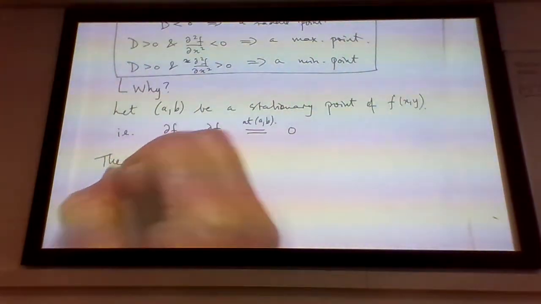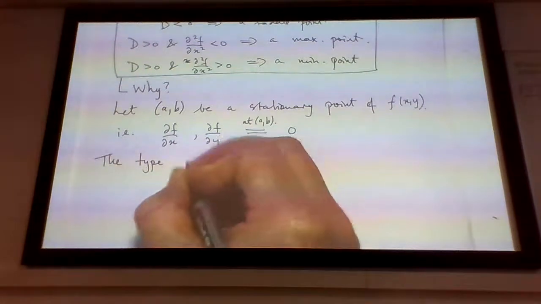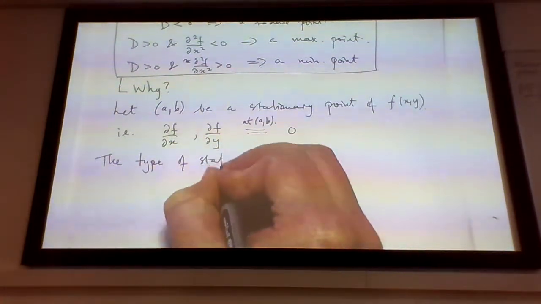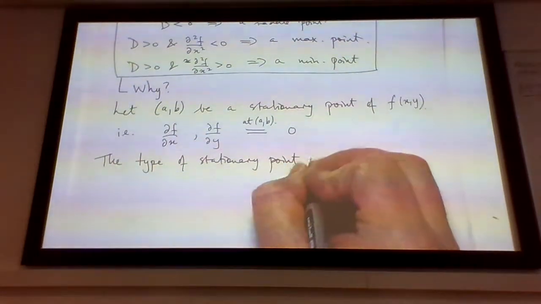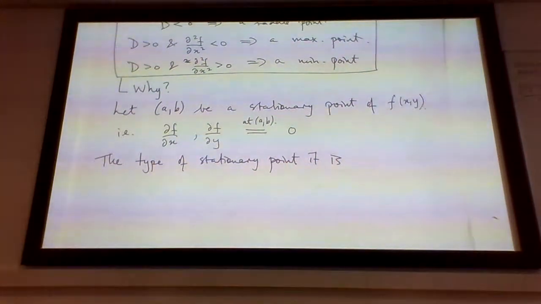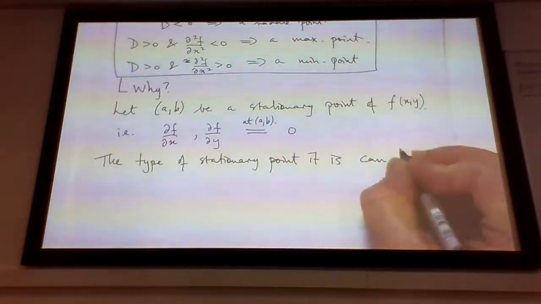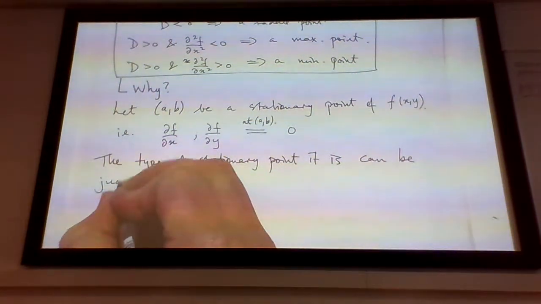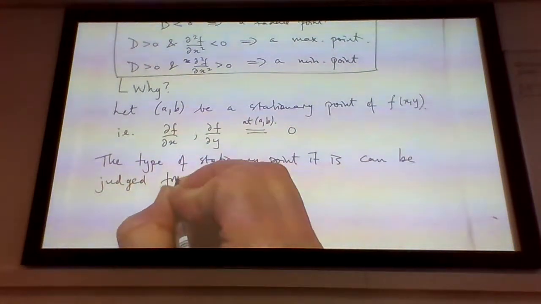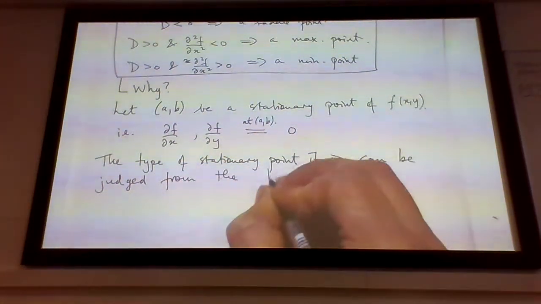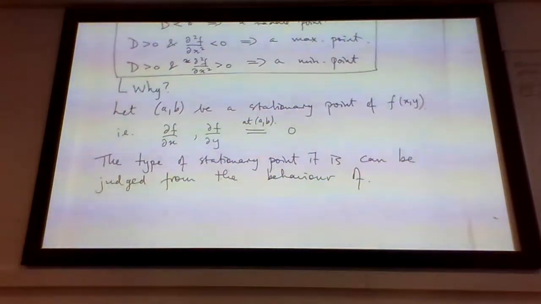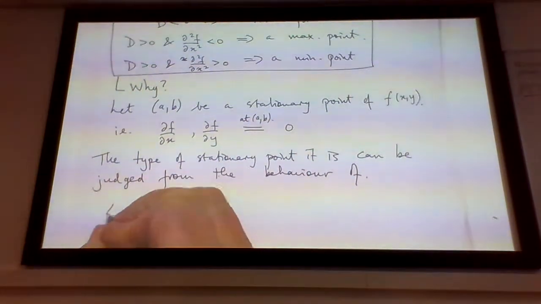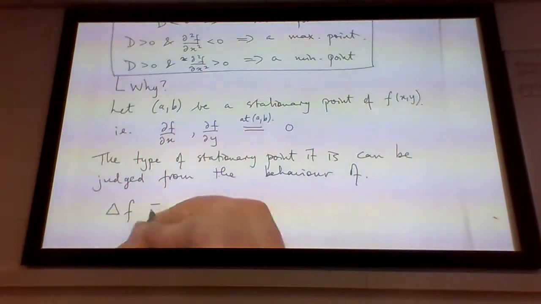The type of stationary point it is, i.e. minimum, maximum, or saddle, can be judged from the behavior of, well, what? Well, of how the value changes.